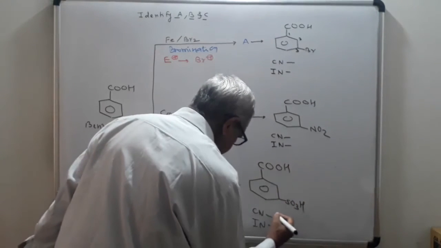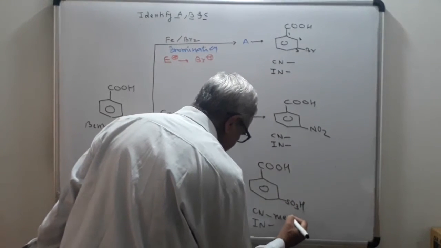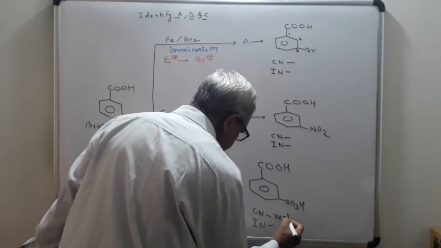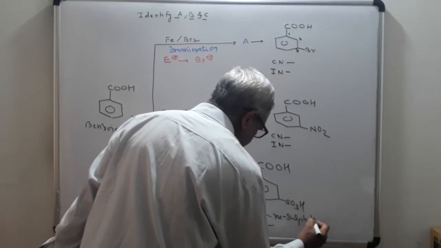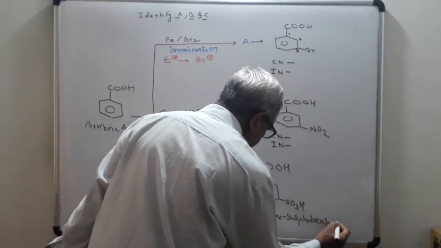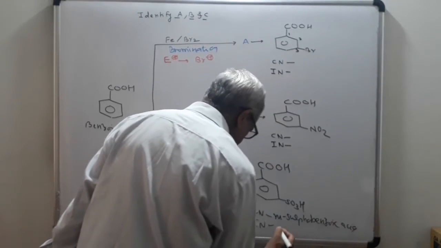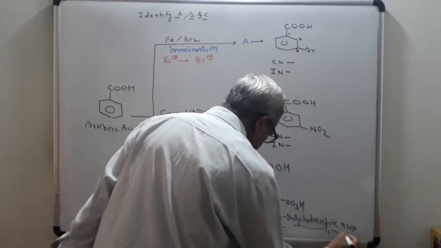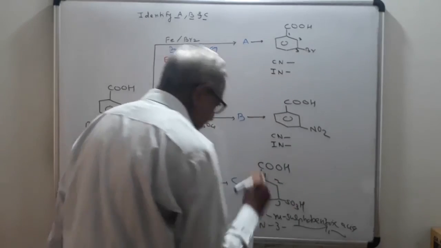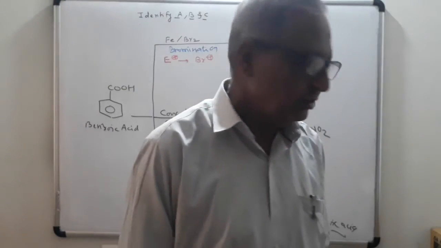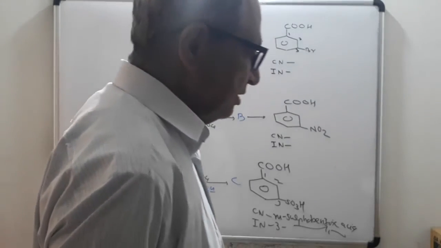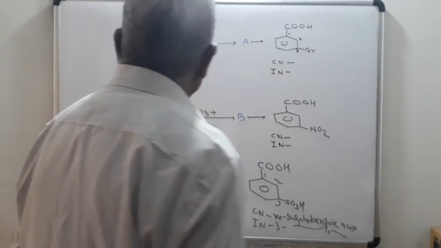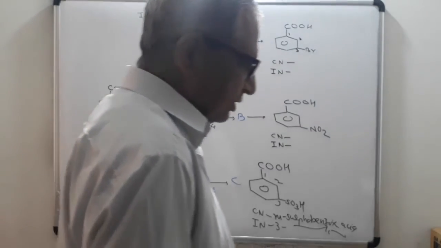SO3H, this is meta-sulfobenzoic acid or 3-sulfobenzoic acid. 1, 2, 3, 3-sulfobenzoic acid. So these are the names here. So these are the points on aromatic electrophilic substitution reactions.